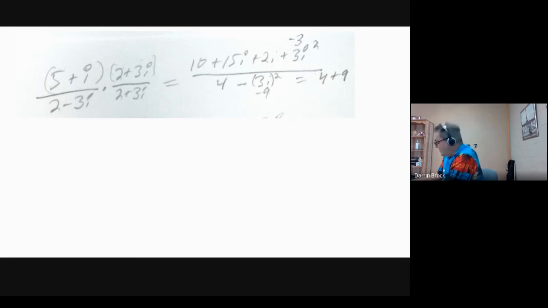And then on the bottom, we've got 2 times 2 is 4. We know that the middle term goes away. This was that property we just looked at. When we have an x plus 1 and x minus 1, we don't have a middle term. We just have the first terms and the last terms. So this is going to be 4 minus (3i) squared.